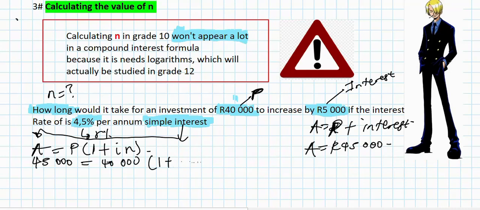I have 1 plus. What is my I? Here is the I as a percentage, the rate as a percentage. So now my interest in terms of a decimal, how much is it? 0.045. Multiplied by what? By N, because I'm looking for the number of years. Right? So let's scroll down a bit.